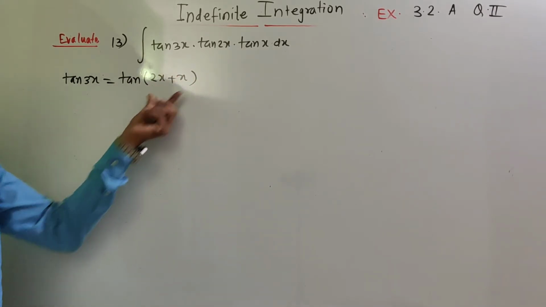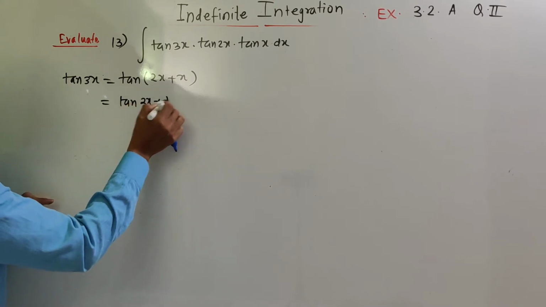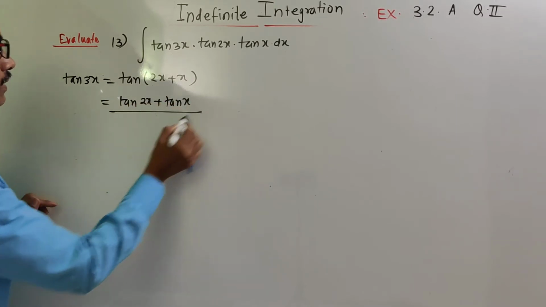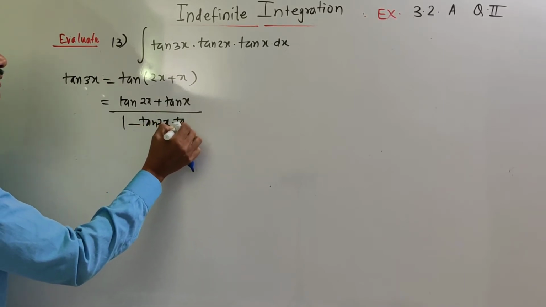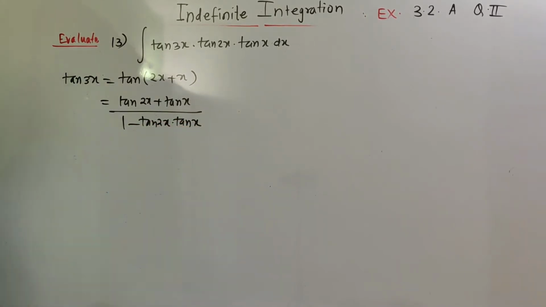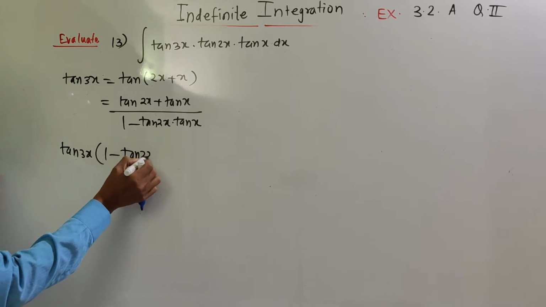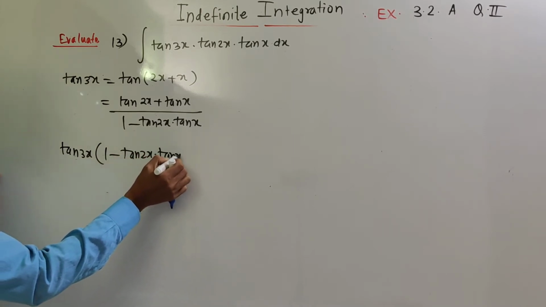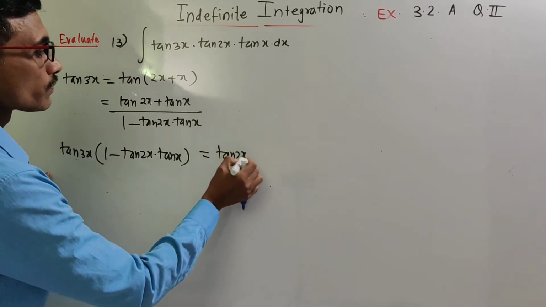Tan of a plus b formula we use here: tan a plus tan b upon 1 minus tan a into tan b. Cross multiplication will give us tan 3x into 1 minus tan 2x into tan x is equal to tan 2x plus tan x.